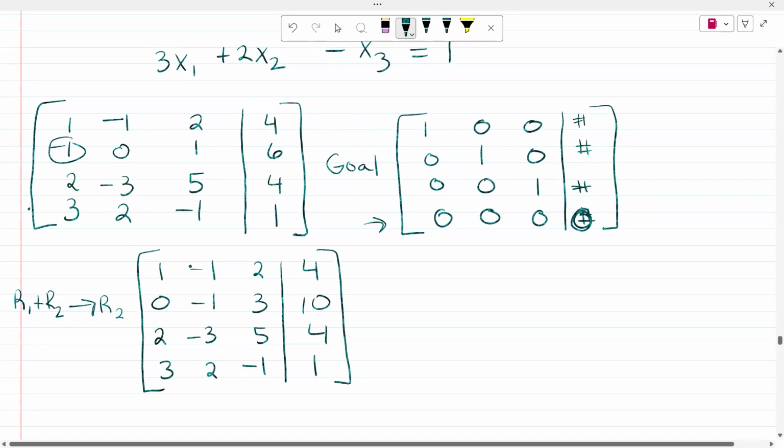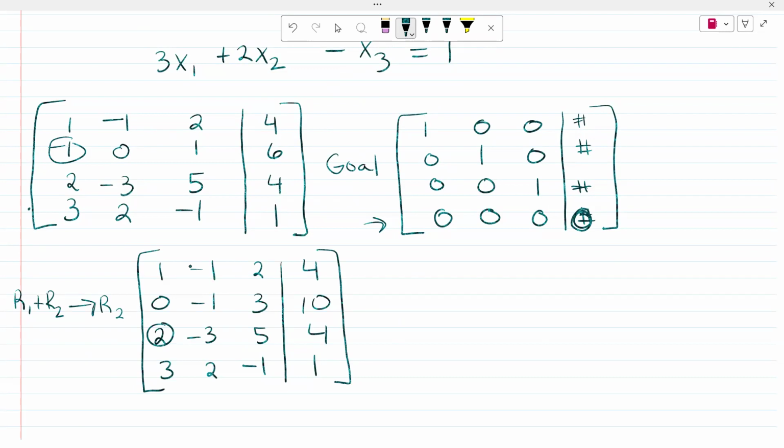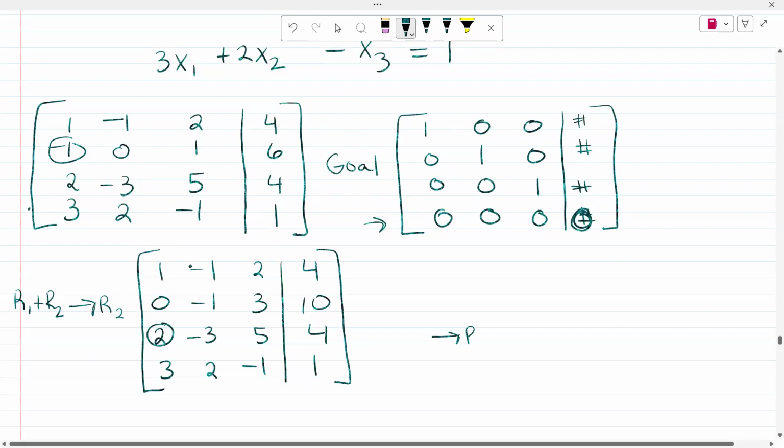Okay, then what I want to do is see this 2, I want to make it into a 0. So what you can do is row 3 minus 2 times row 1, and that'll give us your new row 3. So you start with this previous matrix.